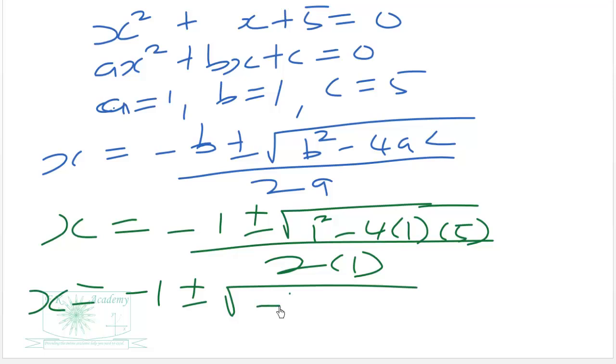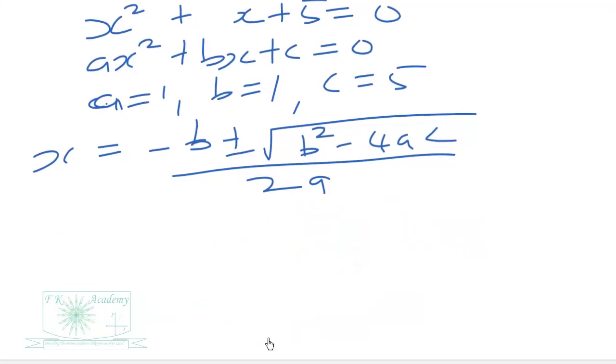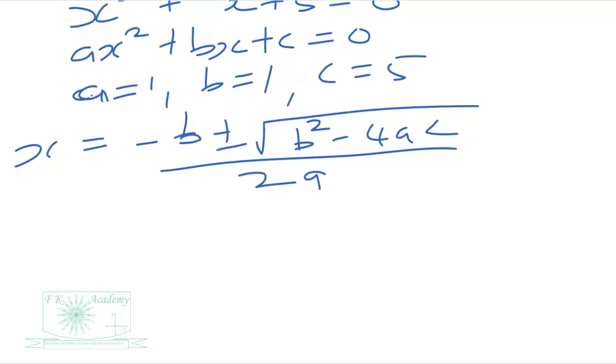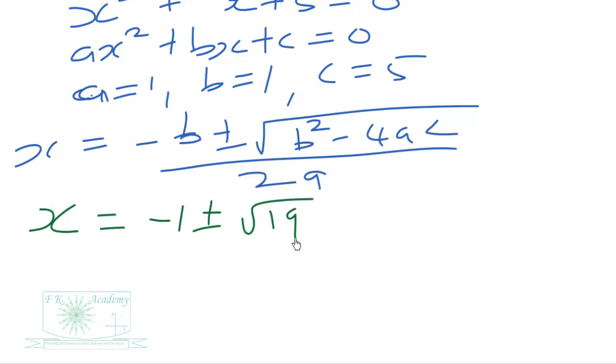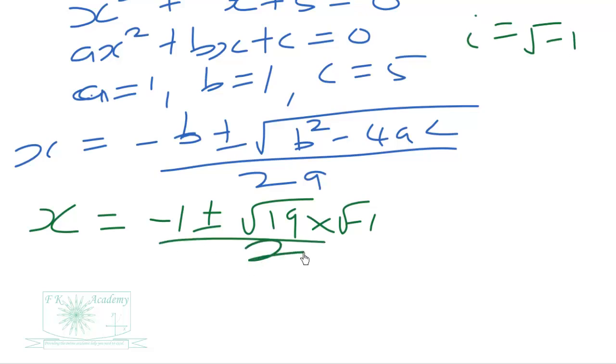That will give us negative 19, all over 2. So we get a complex root here. So we have x is equal to negative 1 plus or minus the square root of 19 times the square root of negative 1, and recall that i is equal to the square root of negative 1, all over 2.